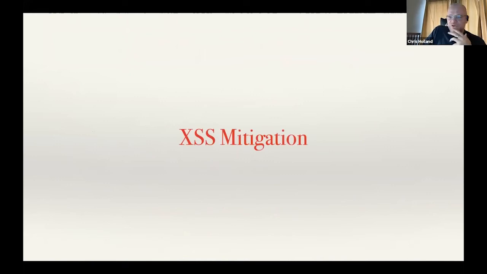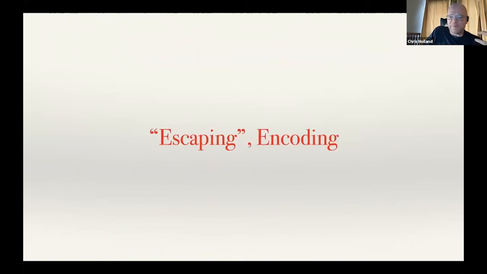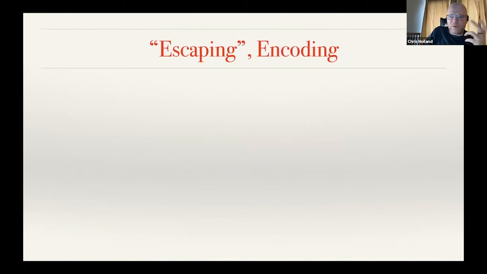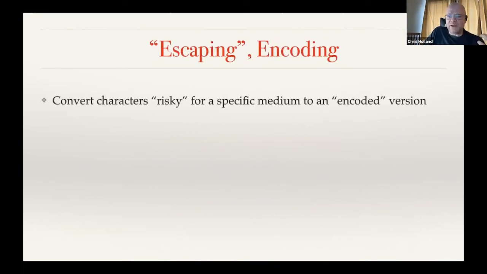So let's look at mitigation strategies, and most of you have probably heard of escaping or encoding. Here you can pretty much use escaping and encoding as having the same meaning. The basic mechanism for escaping and encoding is to convert characters which are risky for a specific medium to an encoded version. So here's an example. I have a script tag that says alert hi.